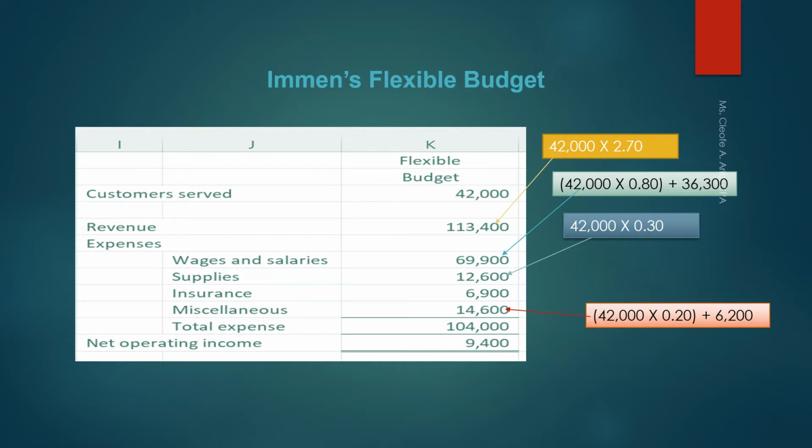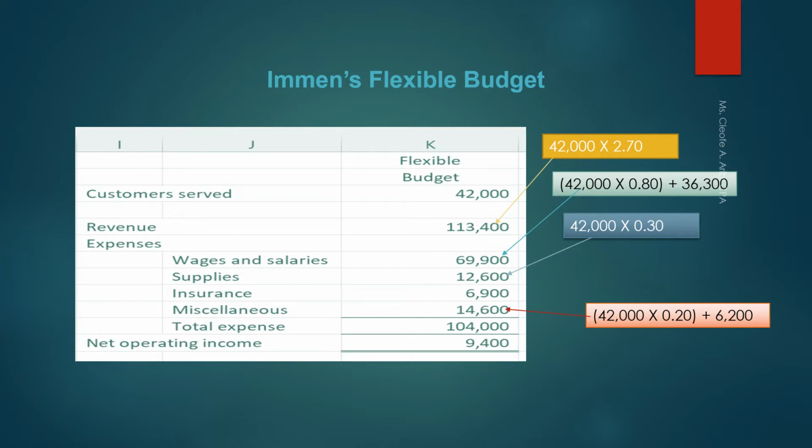So, the flexible budget is like a combination of what you have budgeted and the actual result. In the flexible budget, the driver we will use is the actual, but the cost budget is based on the budgeted. So, let's repeat that.